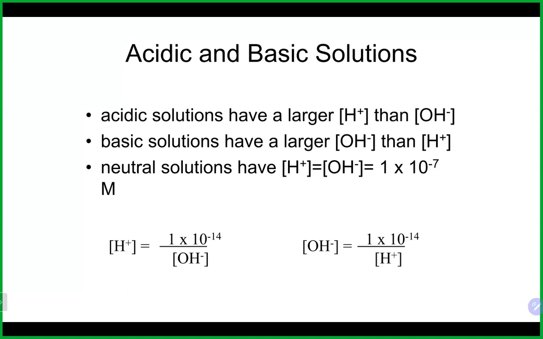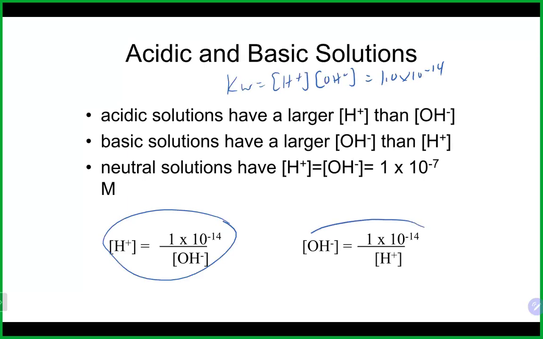This is where Kw comes into play. So Kw is H+ times OH- equals 1 times 10 to the minus 14. The nice thing is it's really the same calculation regardless of which one you're given. You basically take 1 times 10 to the minus 14 and divide it by the concentration given to you. Then you can compare the two and decide, is it acidic, basic, or neutral?